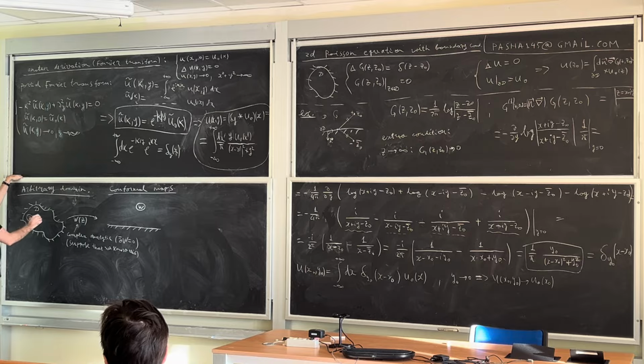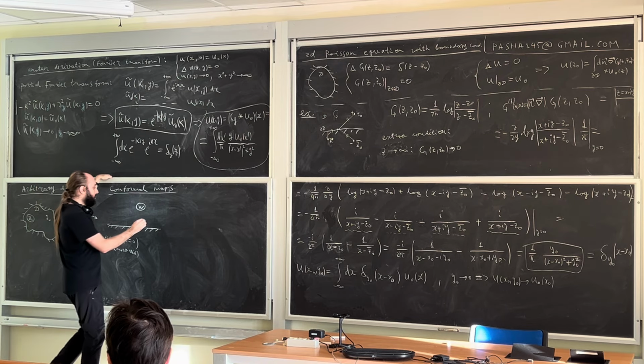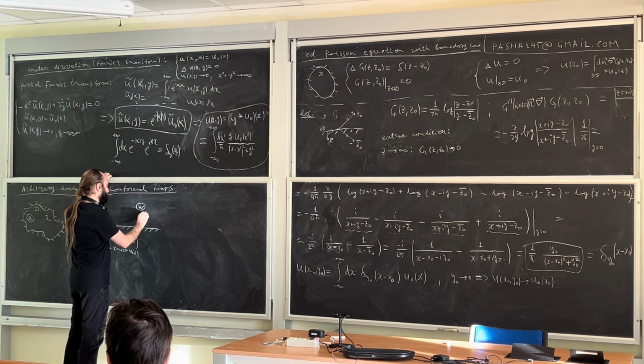If there was some point z0 in this domain, then this point maps to w of z0.